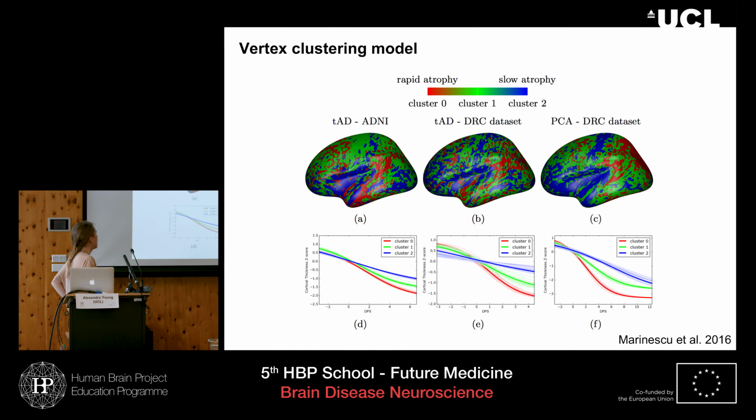So here in blue, the voxels have the slowest rate of decline. In green, they have a medium rate of decline. And in red, they have the highest rate of decline. Grouping these together provides a more compact representation of this disease progression model, which allows you to estimate these nonlinear trajectories.